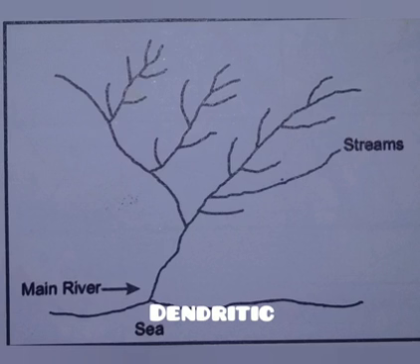Radial drainage pattern, also known as centrifugal pattern, is formed by streams which diverge from the central higher point in all directions. We had a radial pattern of settlement, and likewise there is a radial pattern of drainage also. Please see the shape of this pattern of drainage.